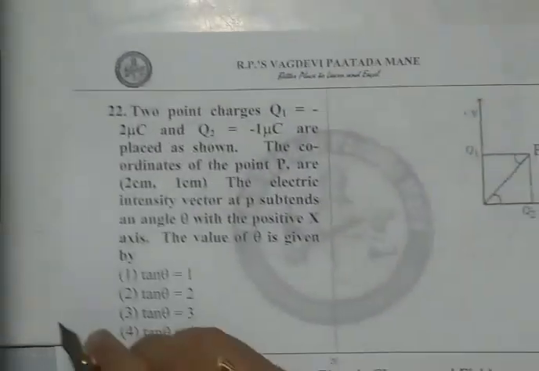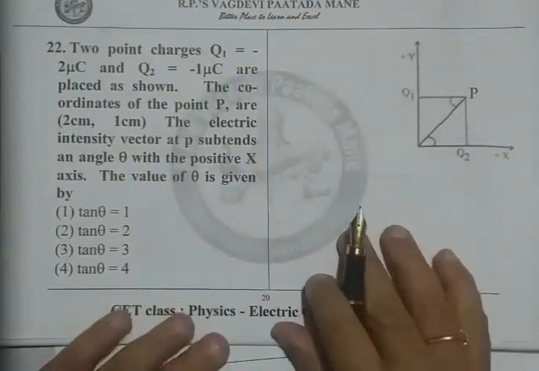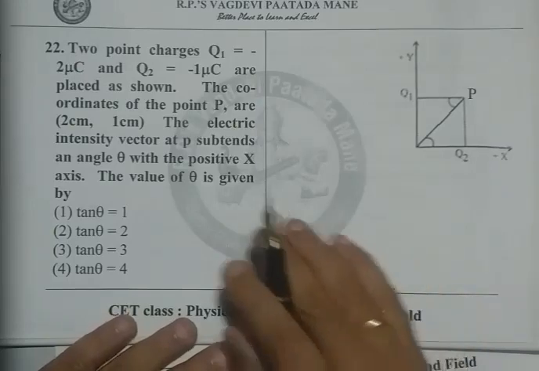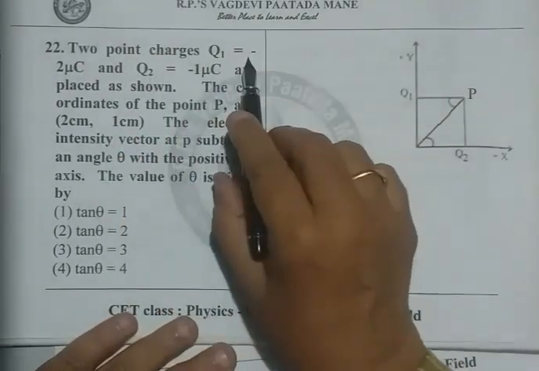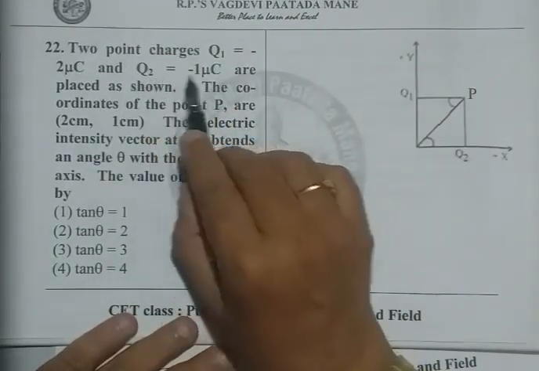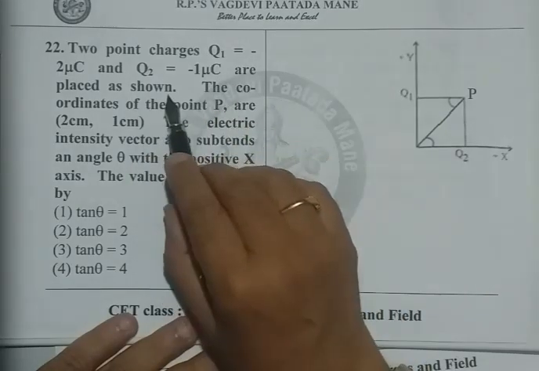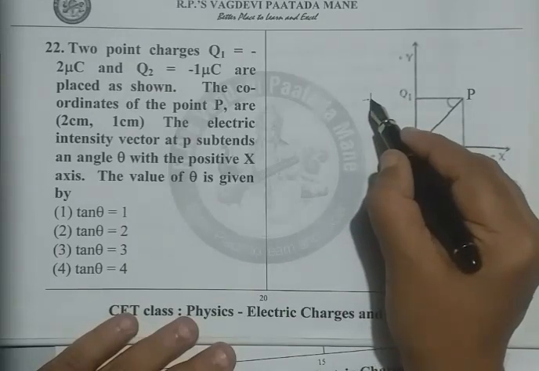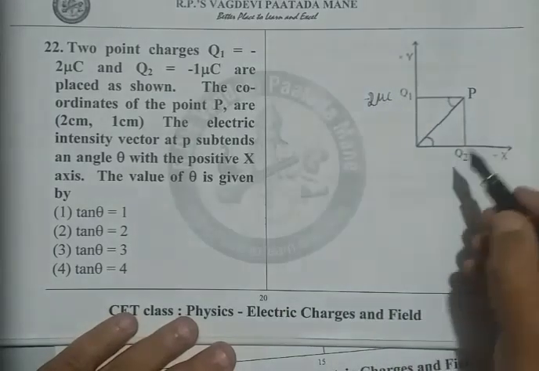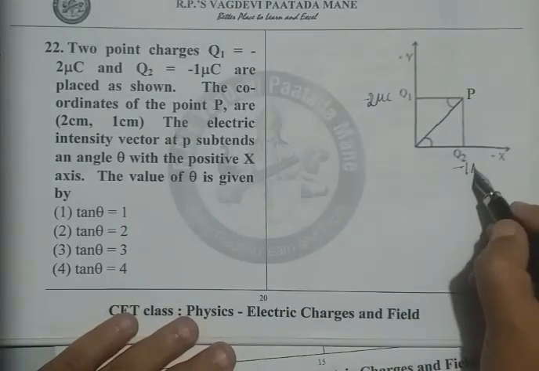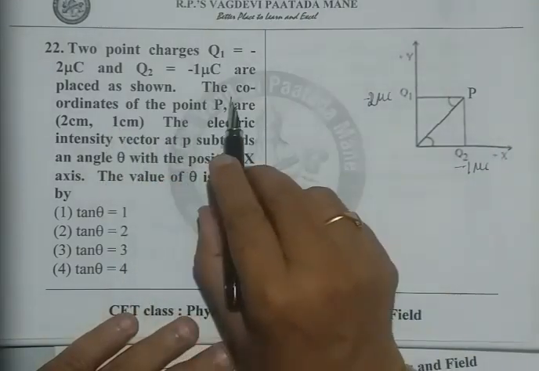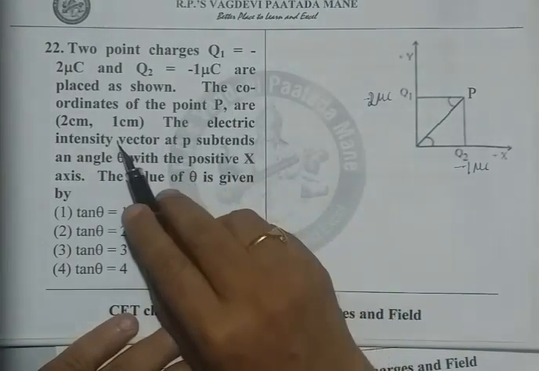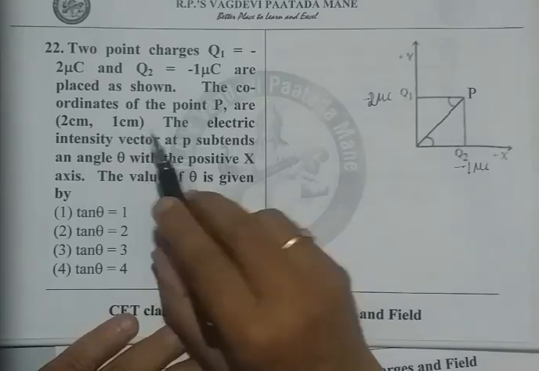The final question for this session is like this. Two point charges Q1 minus 2 microcoulomb, Q2 minus 1 microcoulomb are placed as shown. I write here minus 2 microcoulomb and minus 1 microcoulomb. The coordinates of the point P are 2 centimeter and 1 centimeter.